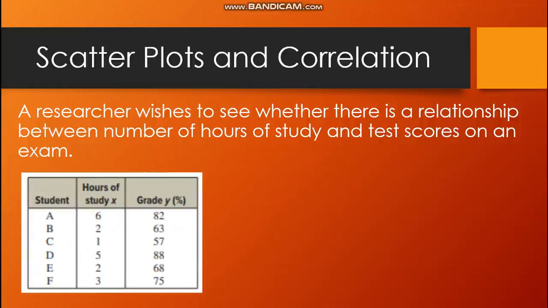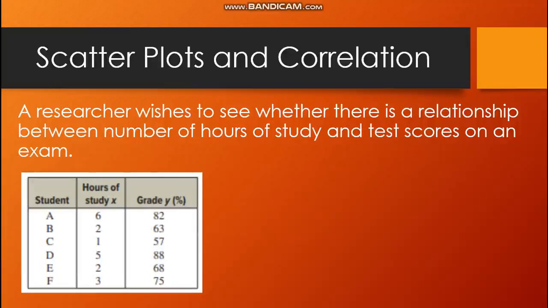Now, here is our sample data that we obtained randomly from students with their number of hours of study and their equivalent examination score. Okay? Now, meron tayo dito tinatawag na dalawang variables, na independent variable at saka dependent variable.